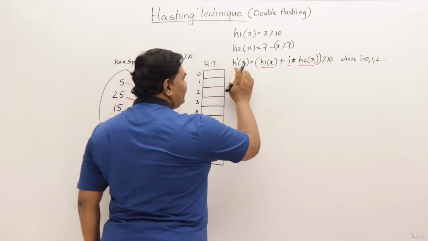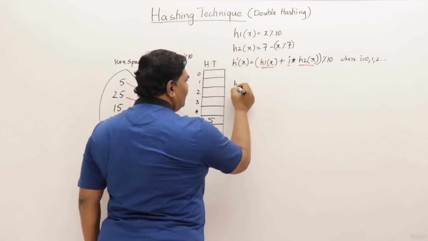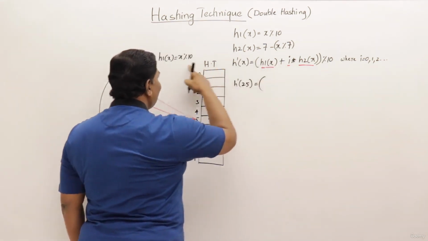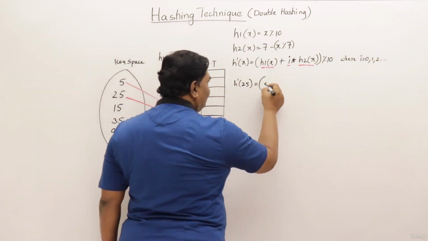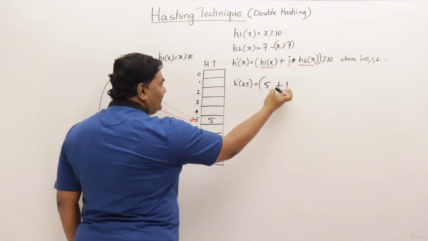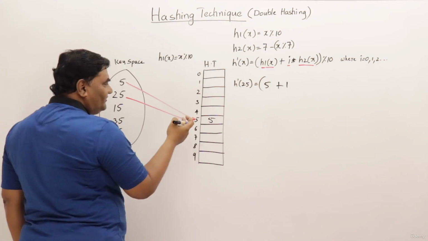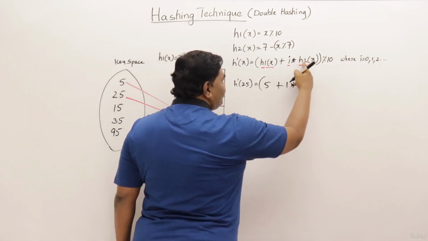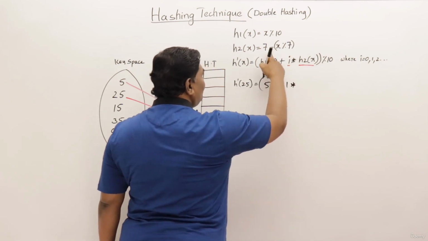Then I should use this modified hash function. Modified hash function for 25: h1 result we got as 5. So 5 plus i should be 1 now. Earlier i was 0. That's why we took directly 5 and found that there is a collision. Now i should be 1 into h2 of x. So I should write down 25 here.